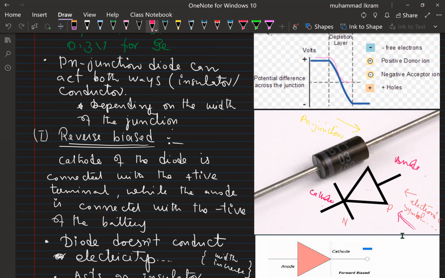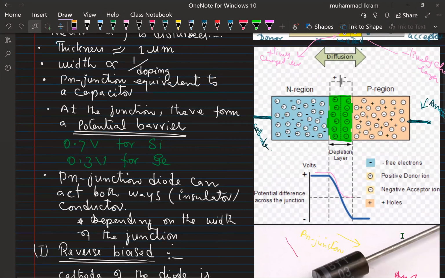Now this is the P side, as you see, and this is the N side of the diode. Now what is this called, the P side or the N side of the diode? Let us see. For example, once the diode is formed here, two electrodes are projected out on each side of the diode.